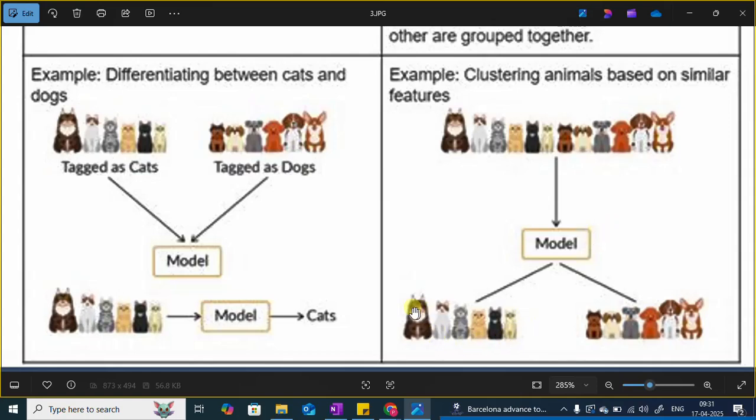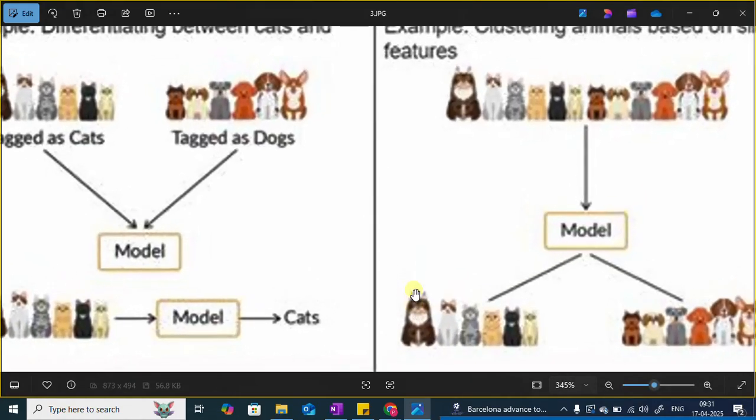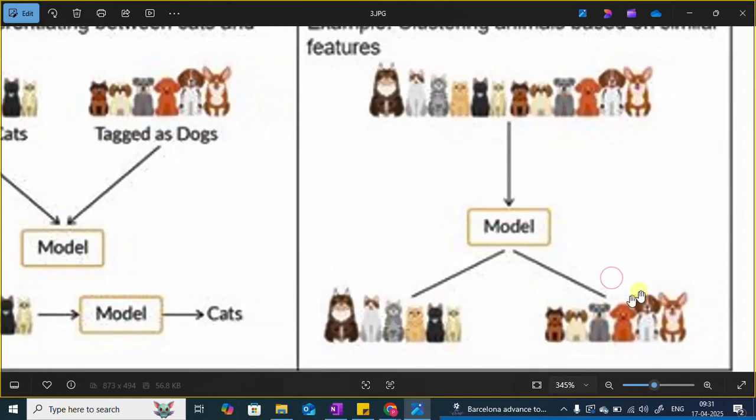Because here you can see, let's say one feature I'll consider, the ear. It's a little bit straightforward. But here it's not straightforward. It's maybe down, top down like this. And the eye shape is different, nose shape different, tail different. Let's say dog having a long tail or round tail, but cat having a long tail, something like this.